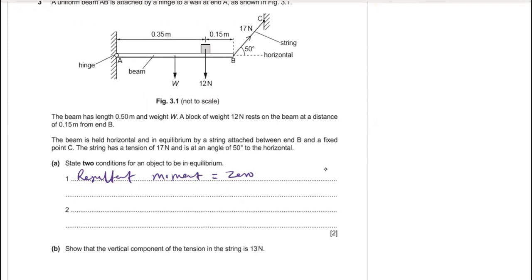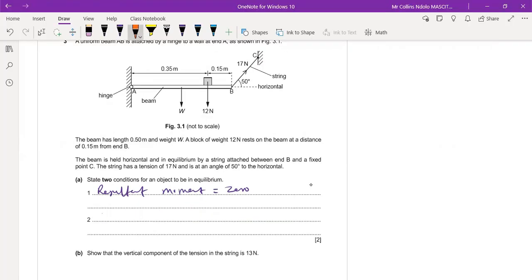What does it mean? It means that the sum of clockwise moments about a point must be equal to the sum of anticlockwise moments about the same point. The second condition is that the resultant force in any direction must be equal to 0.